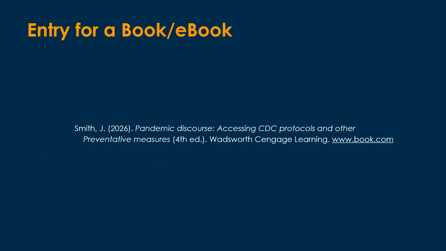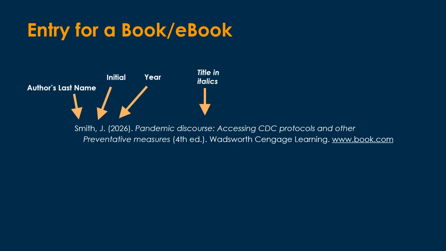Here is the basic format for a reference page entry for a book or ebook with one author. Start with the author's last name, followed by a comma, their first initial, and a period. Next comes the year of publication in parentheses, followed by another period. The book's title comes next, and that goes in italics.